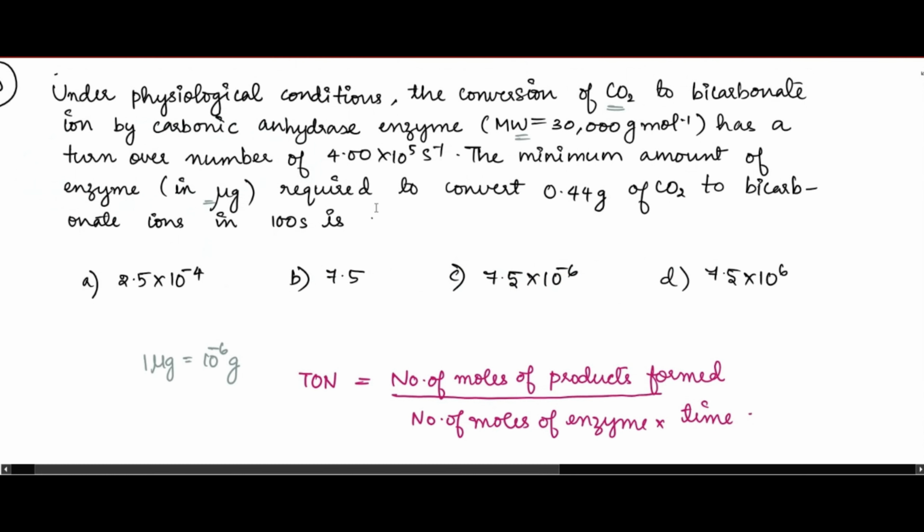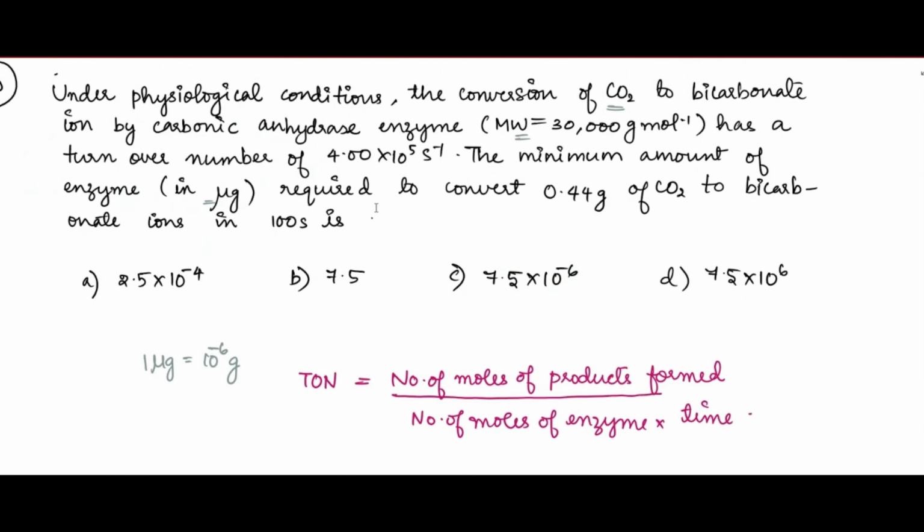Okay, so read the question once again. Carbon dioxide ne convert cheyyana bicarbonate ആയിട്ട്. So, and they have given that the turnover number is 4 into 10 to the power 5 per second. എത്ര എൻസൈമിന്റെ മൈക്രോഗ്രാം വേണമെന്നാണ് ചോദ്യം. Micrograms of enzyme which is required to convert 0.44 grams of carbon dioxide. എത്ര products are formed ചെയ്യുക?